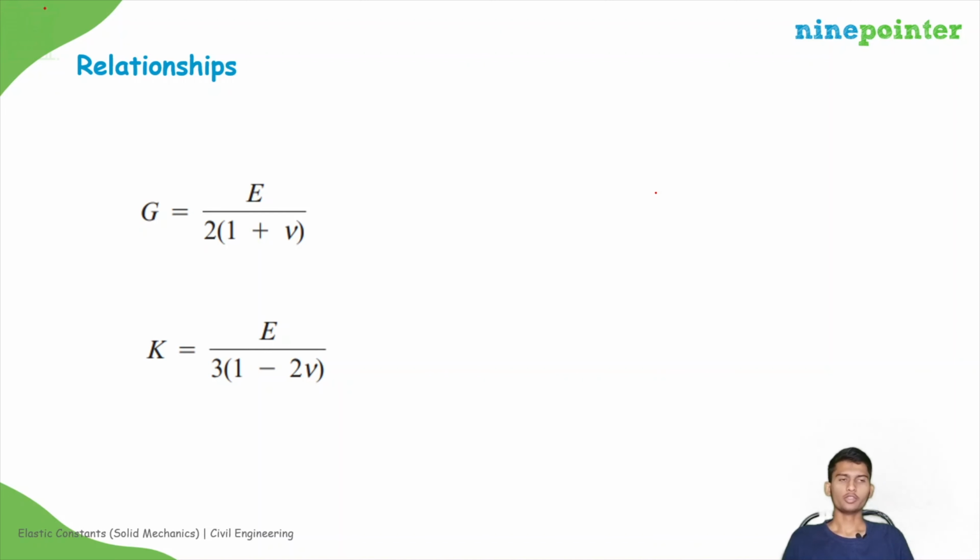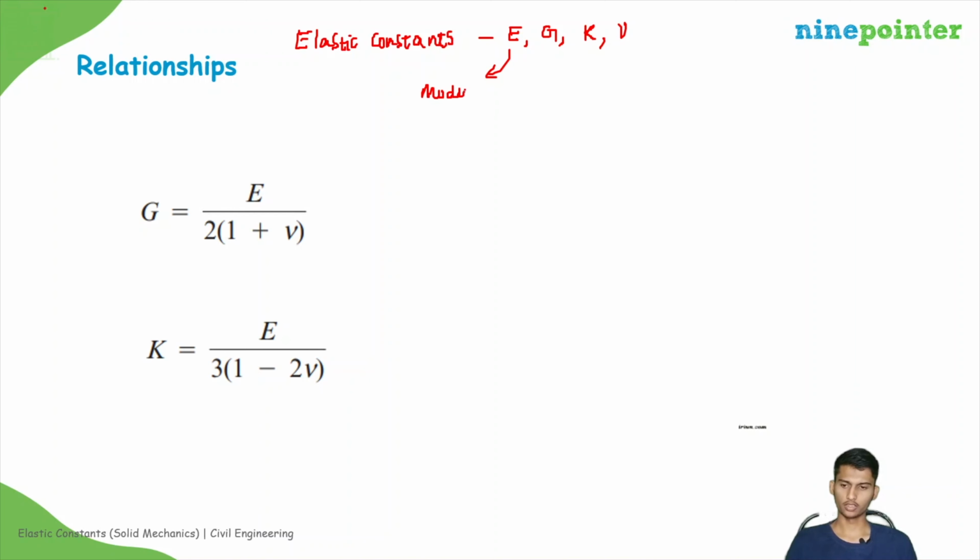Today we are going to discuss elastic constants. So first, we need to know what elastic constants are. Elastic constants are E, G, K and nu. We already know what E is, that is modulus of elasticity, right?